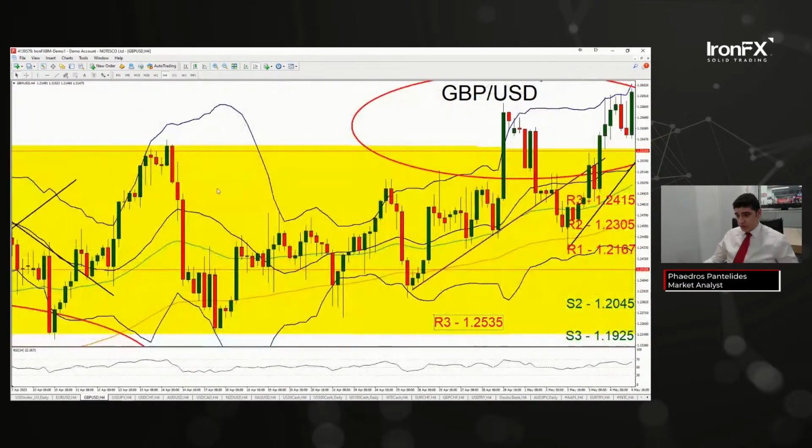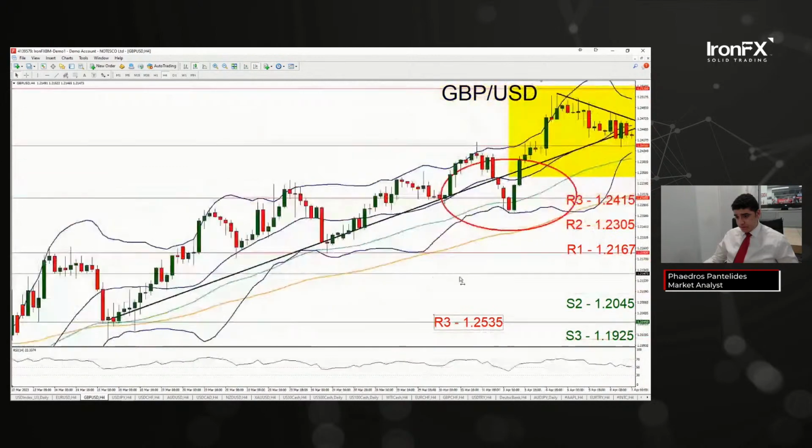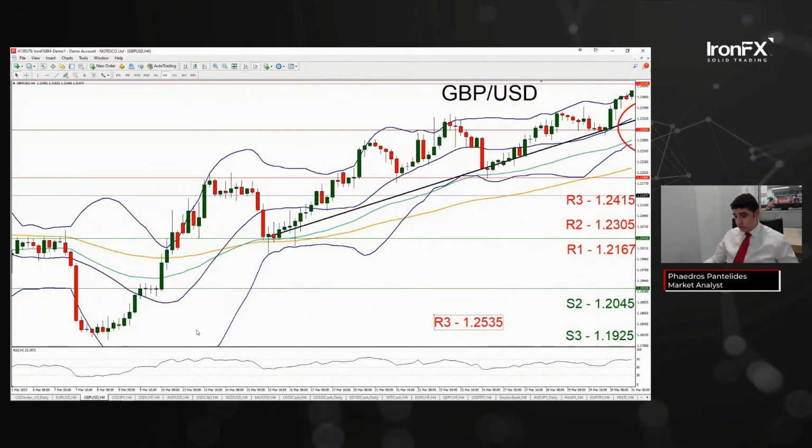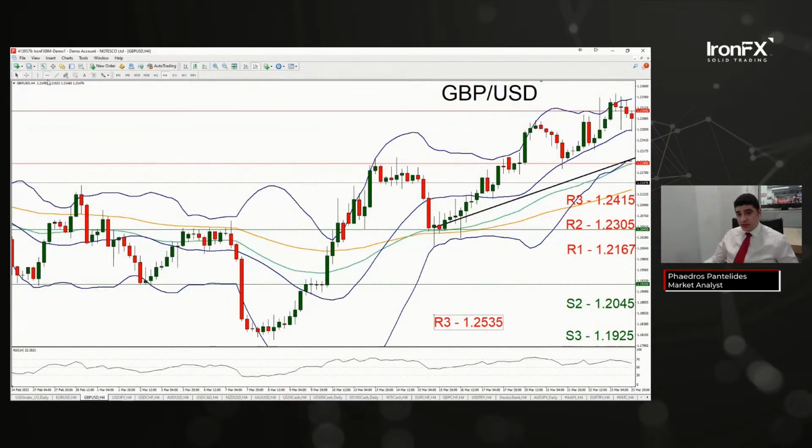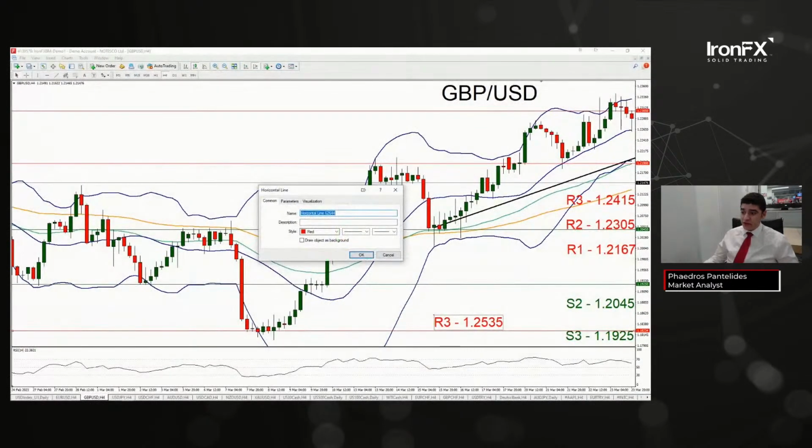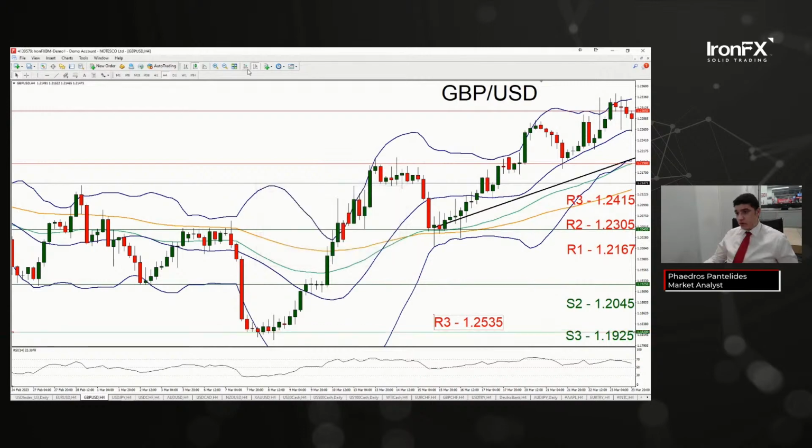And looking back, here we go. And we could place our support level at S3. If there is any pair that you would like us to go over, please just let us know in the chat. You can have a look as well.